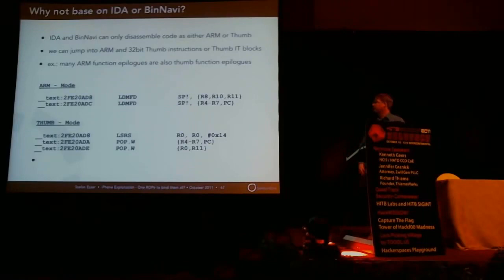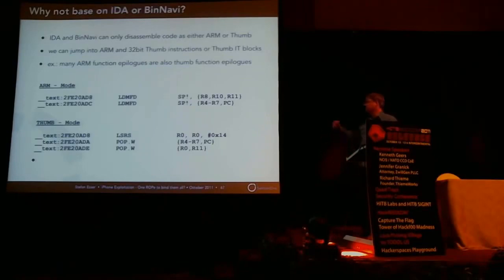And one thing they will miss is that nearly all of the ARM mode function epilogues are at the same time function epilogues for thumb mode. You can see in the first case, in ARM mode, it's loading some registers from the address of the stack pointer, including the program counter in the end, so it's returning from a function.